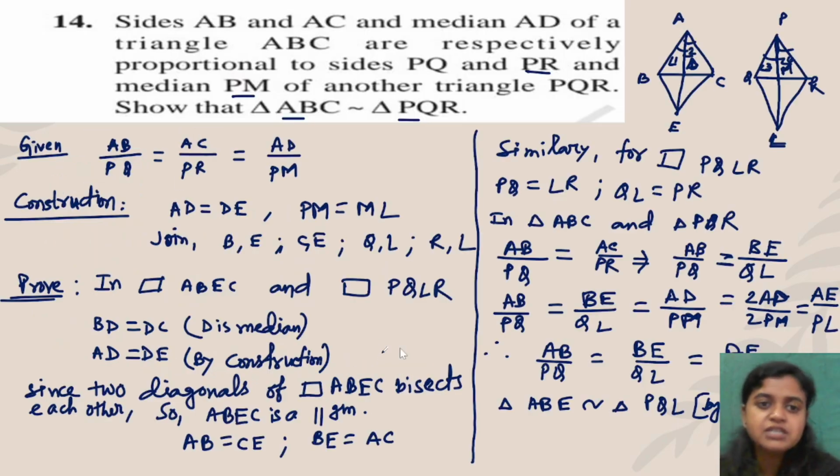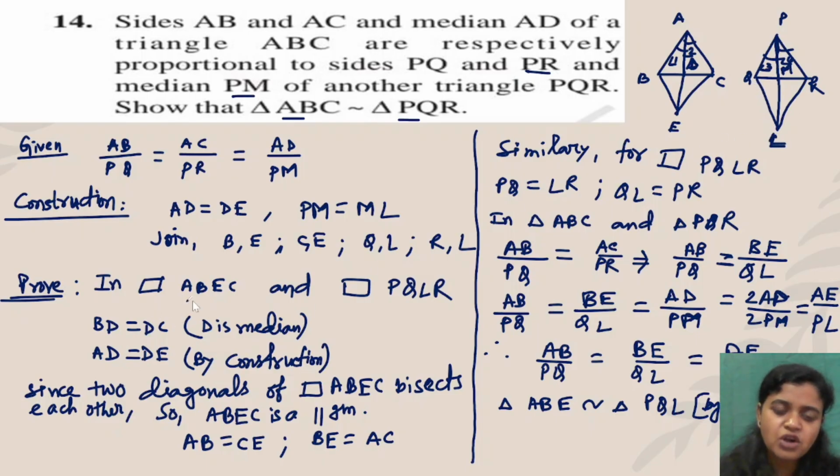So first, what we did: this is given, AB by PQ and AC by PR and AD by PM. This is given in the question. Then for the construction, you have to extend AD to E and join BE and CE. Similarly, PM is extended to L and you join PL and LR.